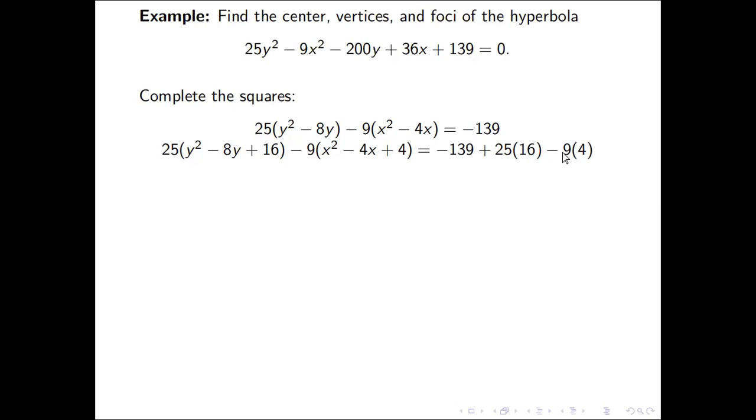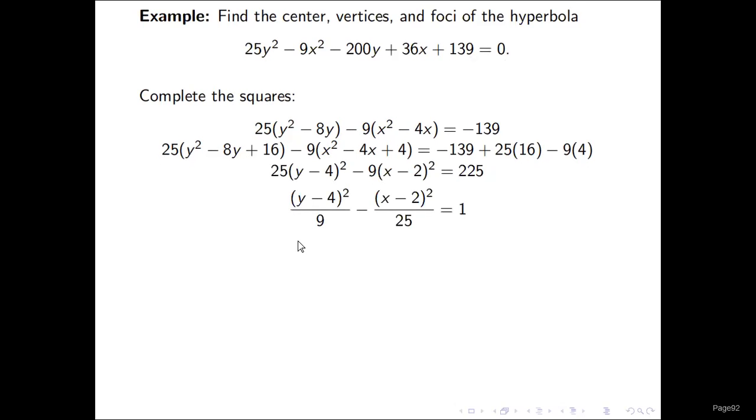So we compute this one, it's 225, and then we factor the left-hand side, we have the following. And to write it in standard form, we just make this equal to 1, and so we divide by 225. So dividing, we get this one. You can just verify that.